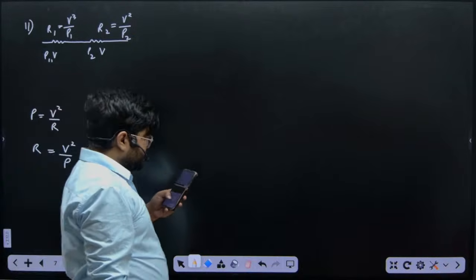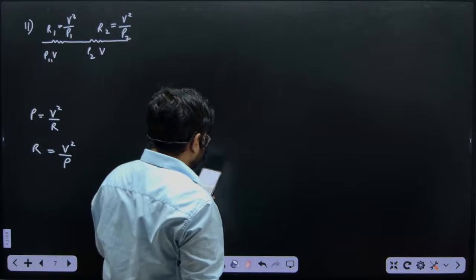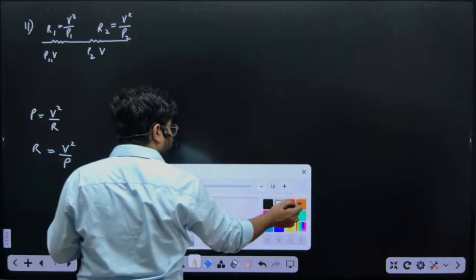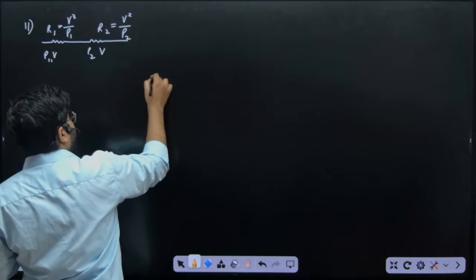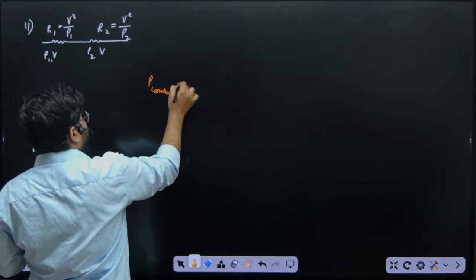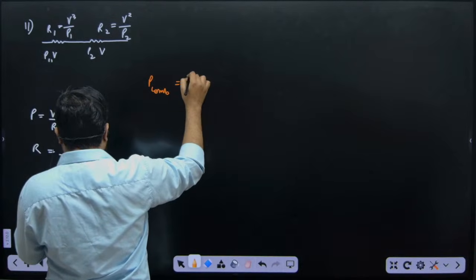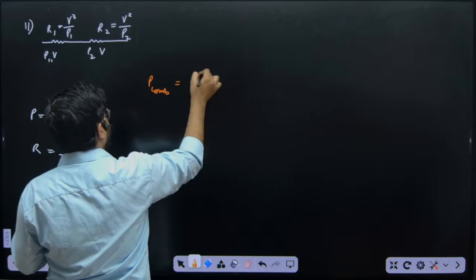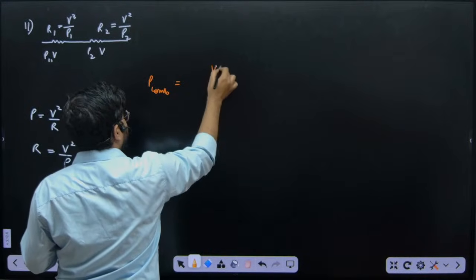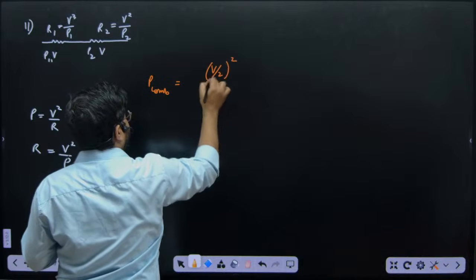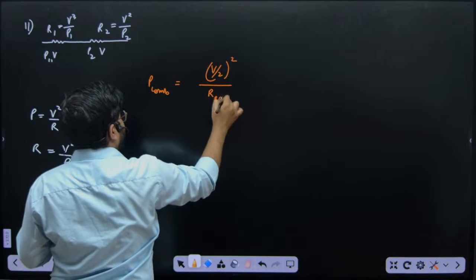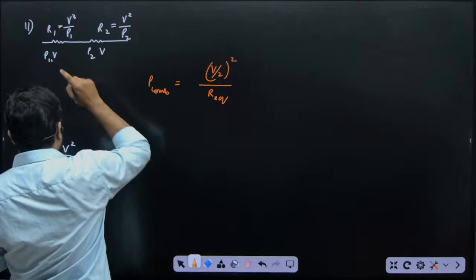Now they are saying they are connected in series across DC, with the power consumed by the combination. So power of the combination. They are in series, across a voltage of V by 2. So again we will use the V square by R formula, but here instead of V we have (V by 2) square, and instead of R we have R equivalent, which will be R1 plus R2 as they are in series.